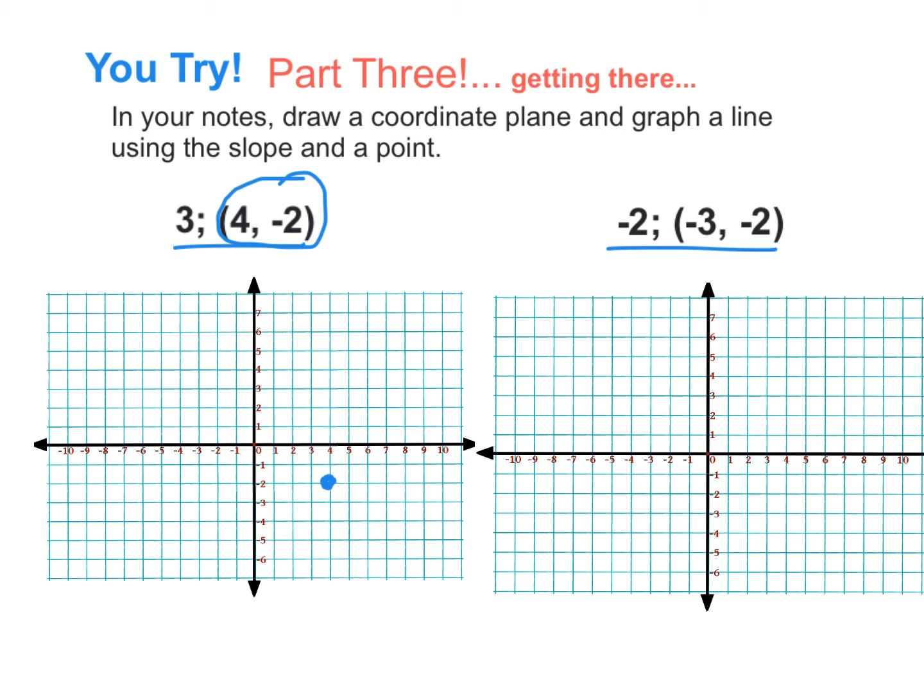Now my slope is 3, but I can also write 3 as 3 over 1, like any whole number. So from my starting point, I'm going to rise 3, which gets me there, and then I'm going to run 1, to get my new point.